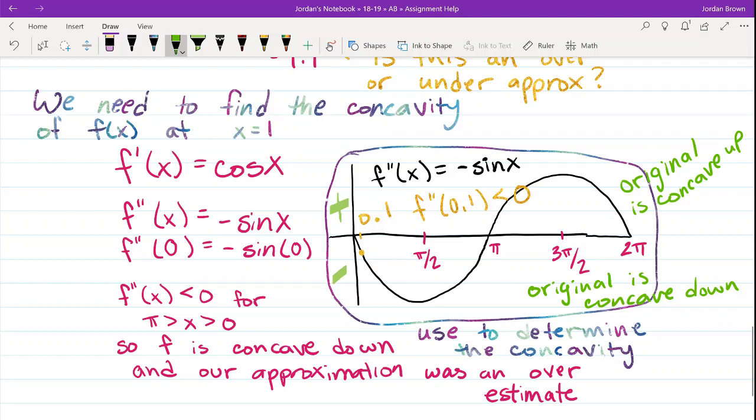Lily, the graph of the second derivative does appear to be concave up from 0 to pi. But we're not interested in the concavity of the second derivative. We're interested in the concavity of the original function. Yes, we're not looking at how the second derivative graph looks for concavity. We're looking at where the second derivative graph is for concavity.